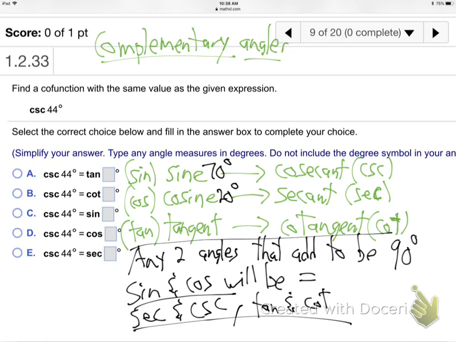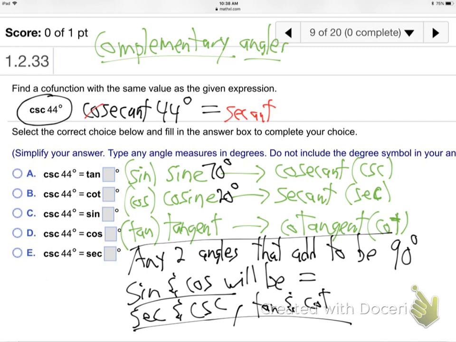Okay, so with that in mind, they're giving me, let me write it out, cosecant of 44. Cosecant of 44 is going to be equal to what? It's the co of what? Just take off the word co. Secant. And then what do you do with the angle?